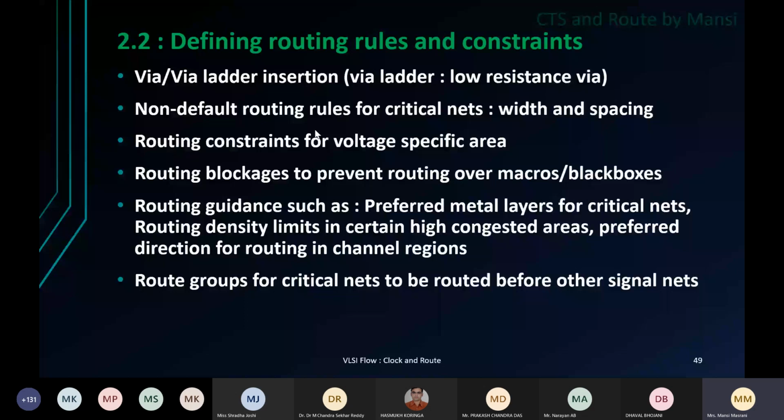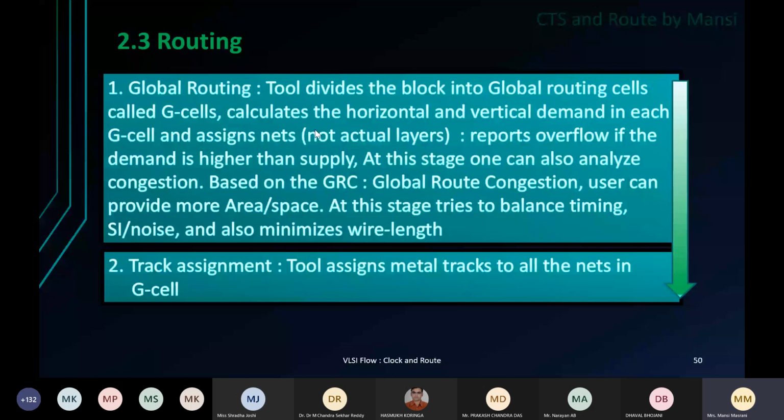So these are called route groups. Now the actual routing will start happening. It is also in terms of stages, same as clock: global clock, detailed clock. Same way here also the routing is in terms of different stages.